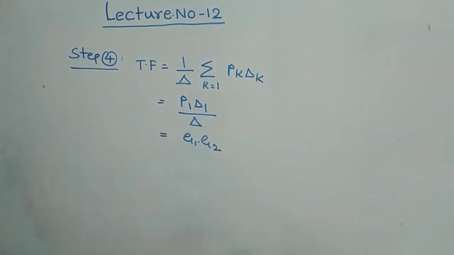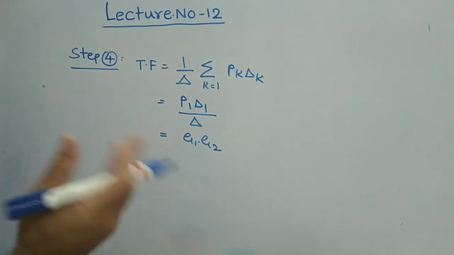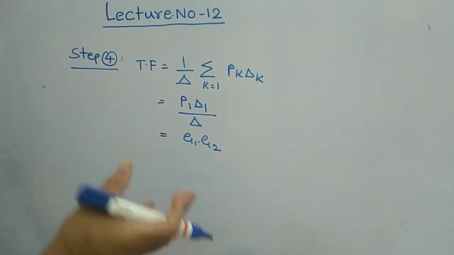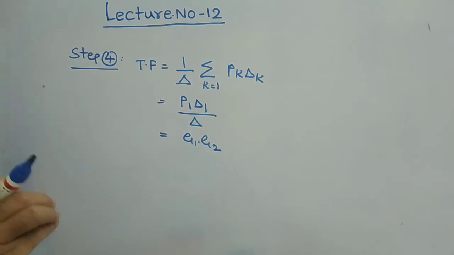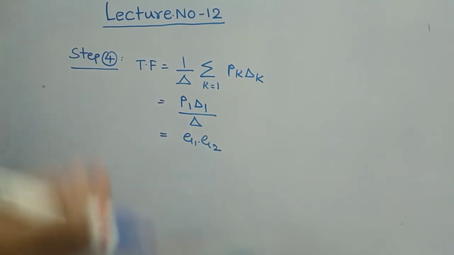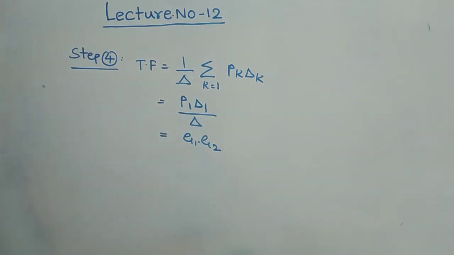What is delta 1? Delta 1 is nothing but, if there is any loop which is not touching the first forward path, then only you will get some value of delta 1. Otherwise, if the individual loops in the given signal flow graph are touching that first forward path, then the value of delta 1 is 1 only.